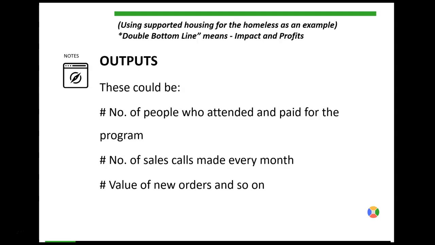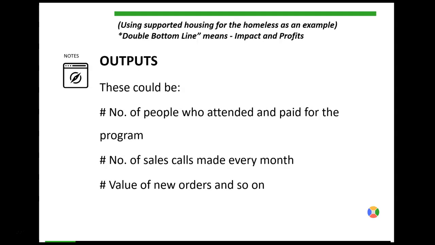Number of sales calls you made last month, the number of people who took on your products, number of clients who are now paying clients, number of people who responded to your advert, number of people who came to your website. You need to be able to document this so that you can mark out and plot out your progress.